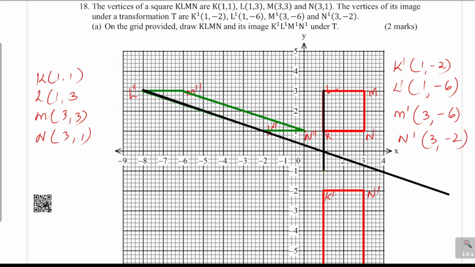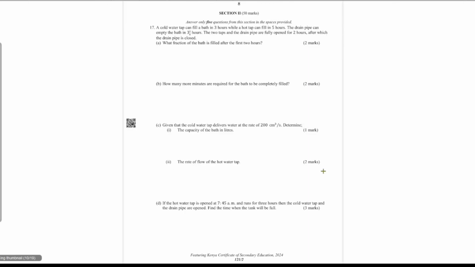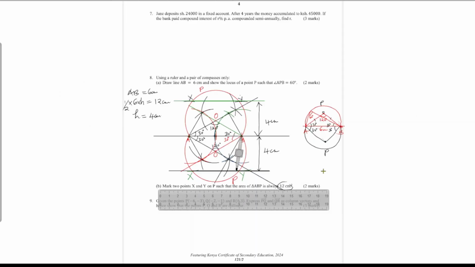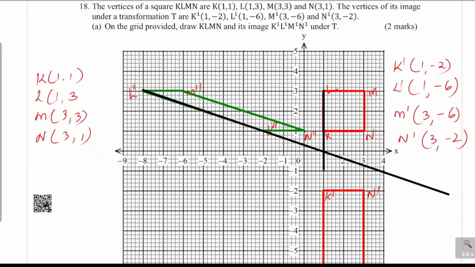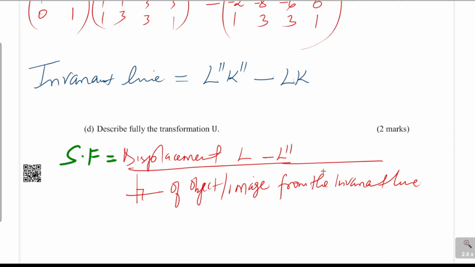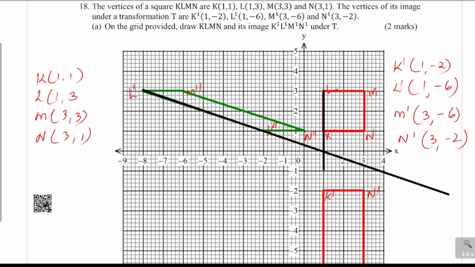Where are the two lines meeting? Look at those two lines, L double prime, K double prime, and LK. I've started by drawing L double prime, K double prime, extending it. Then LK, extending it. Where do they meet? The two are supposed to meet on the invariant line. They're meeting here, and they're meeting on the invariant line.